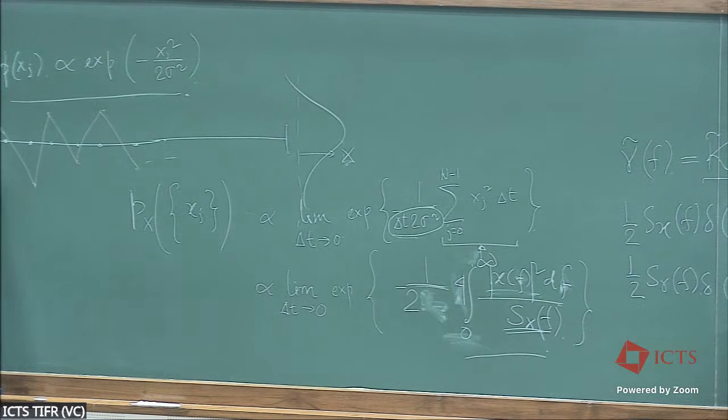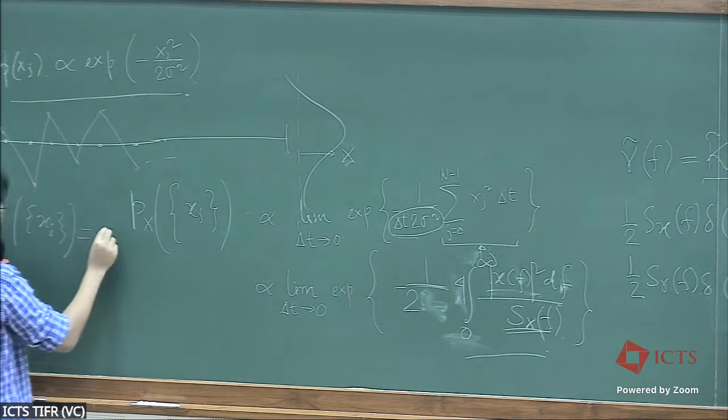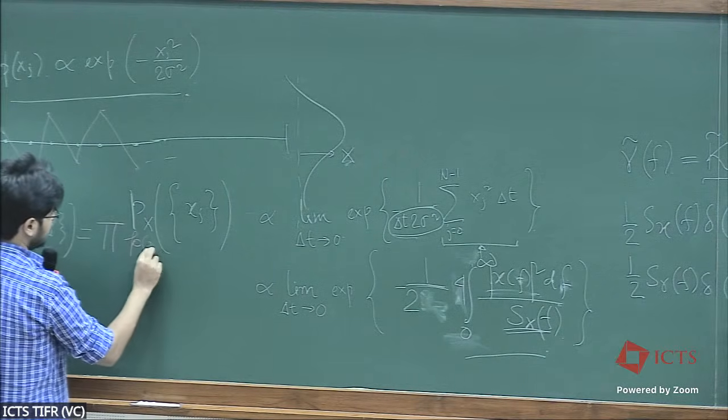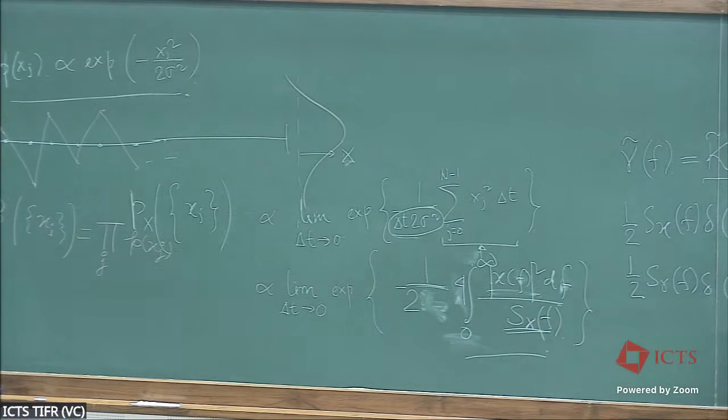Since the probability of each of these points is independent, the joint distribution of this whole series, meaning the probability distribution of the full set, will be nothing but the multiplication of these individual probabilities. That's what he had in one of the slides, and that's where those powers of capital N came from.